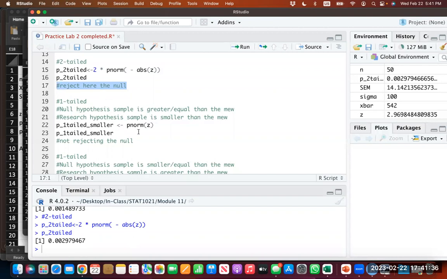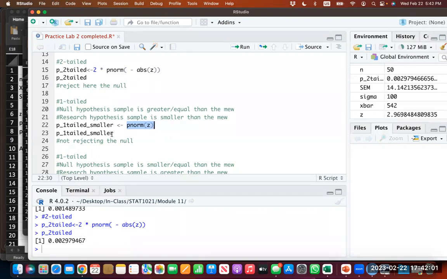In a one-tailed hypothesis, we're doing the same thing. So we're again calculating the p-tail, but this is smaller. P one-tailed smaller, that's our p-norm of set, which basically gives us everything below that. So now I don't have this absolute value story, because now I'm literally interested in the set.